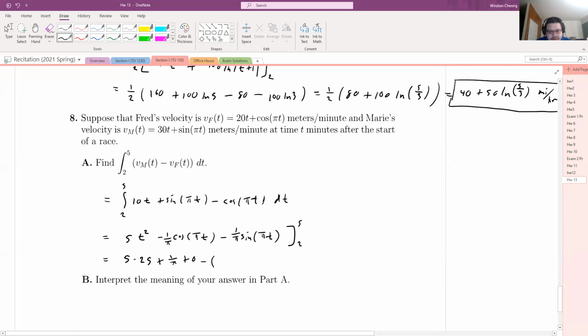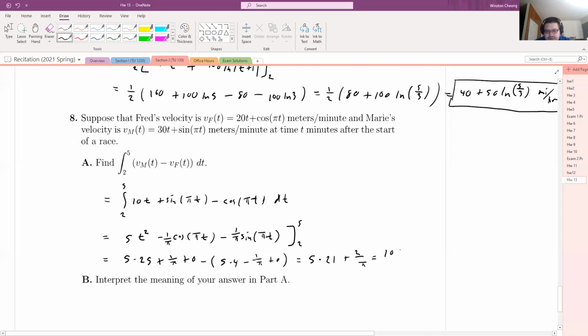And then we subtract off the evaluation of 2. So, okay, 5 times 4. Plugging in 2 to this, cosine of 2 pi is going to be 1, so you get -1 over pi, and sine of 2 pi is 0, so maybe put plus 0 again. And so this is going to be 5 times 21 plus 2 over pi.